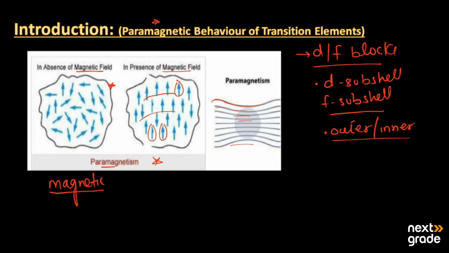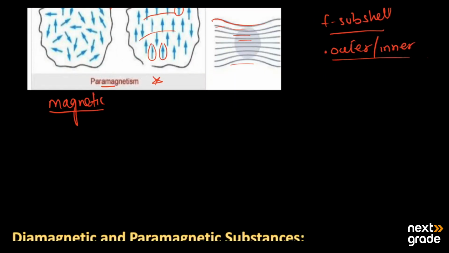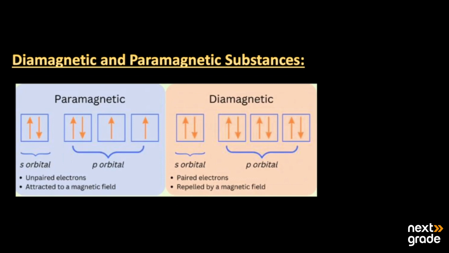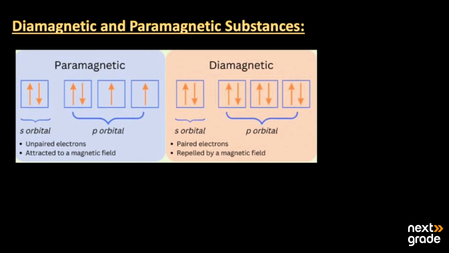Now paramagnetic behavior is the inverse of the second behavior, which is called diamagnetic behavior. These two terms are opposite. Here we have paramagnetic: if we talk about the s and p orbitals, the s orbitals are fully filled, and in the p orbitals the atoms have unpaired electrons.